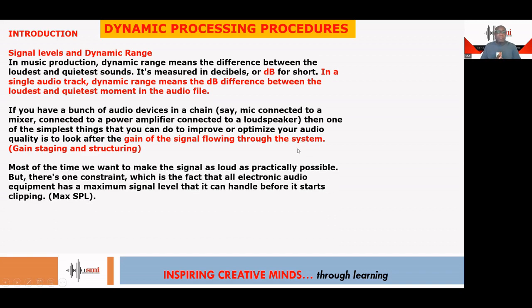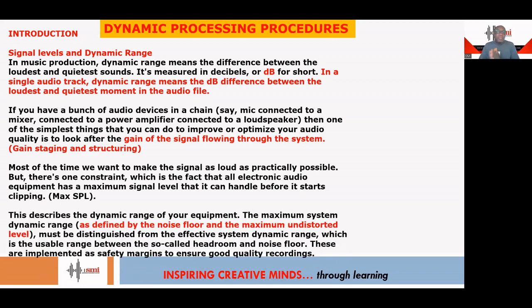So most of the time, we want to make the signal as loud as practically possible. That is always our aim. But there is one constraint, which is the fact that all electronic audio equipment has a maximum signal level that it can handle before it starts clipping. So that is another need for us to process our signal dynamically.